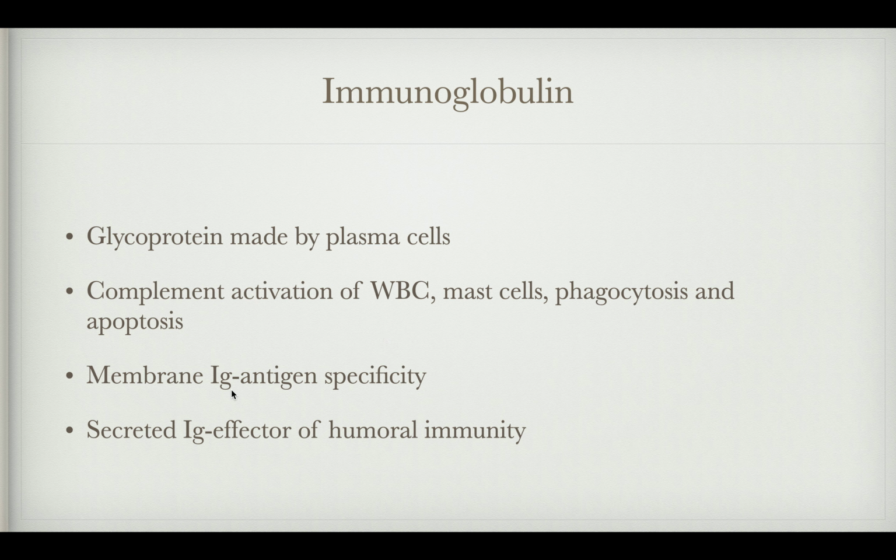The membrane immunoglobulins have antigen specificity roles, while the secreted immunoglobulins are the effectors of the humoral immunity. So this just alerts the system, and this is when the system is working actively.